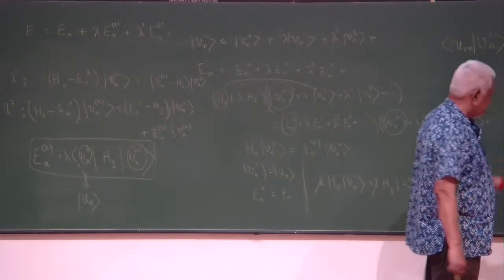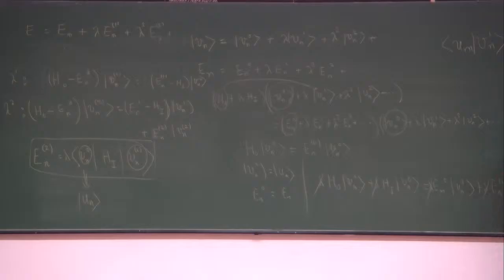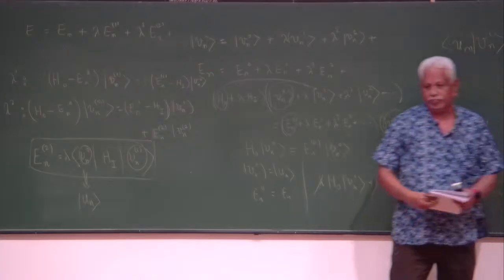And this object in the numerator is the mod of Un Hi Um whole square. It's only the mod of that.